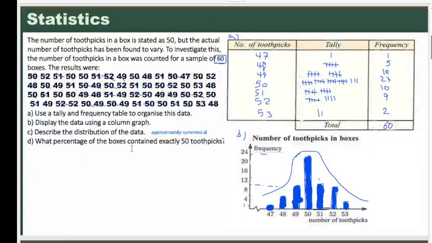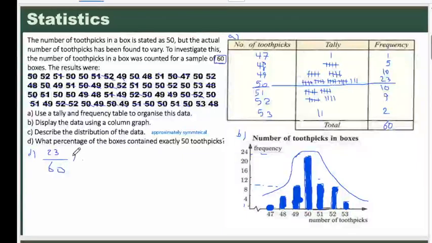What percentage of boxes contain exactly 50 toothpicks? Okay, exactly 50. So 50 is 23. For part D, I say 23 out of my total boxes that I investigated, which is 60.